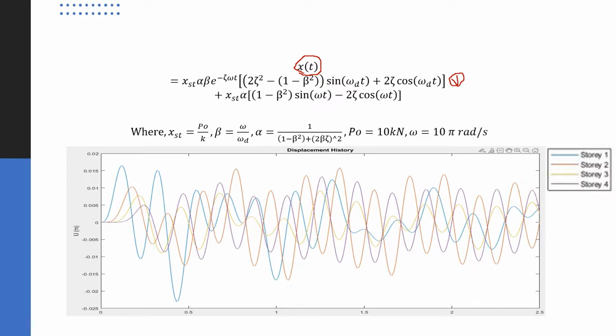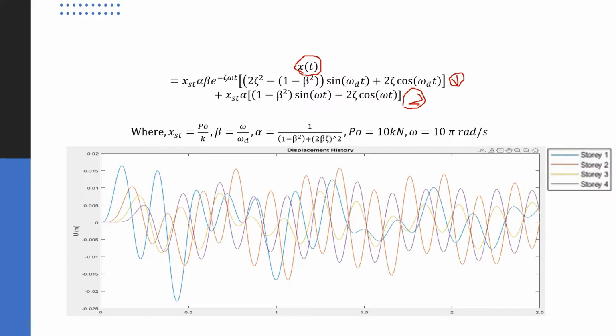The second term represents the forced vibration response of the system, and is a function of the force frequency. In the formula, XST represents the largest displacement under the peak force during the excitation, and beta represents the ratio of the forcing frequency to the damped natural frequency.